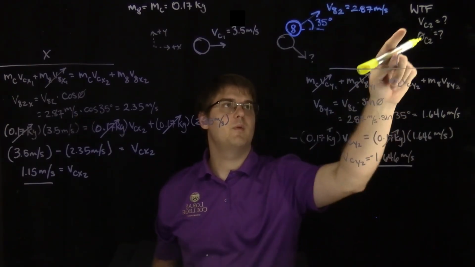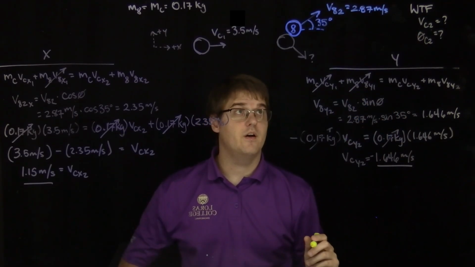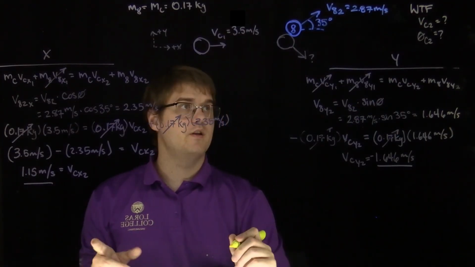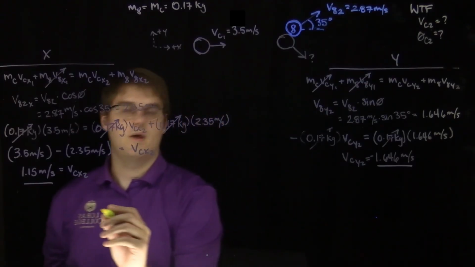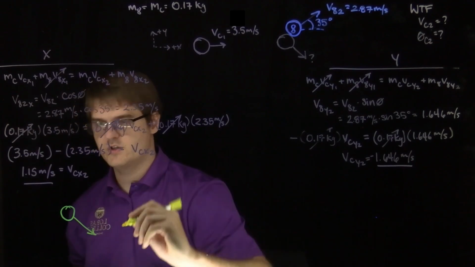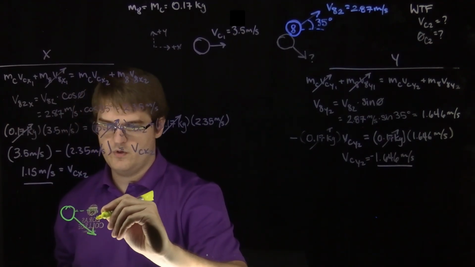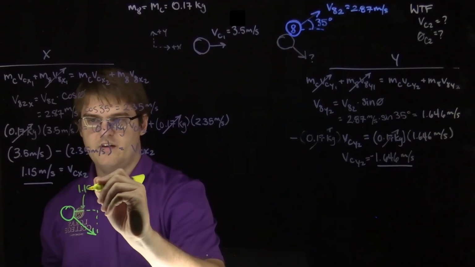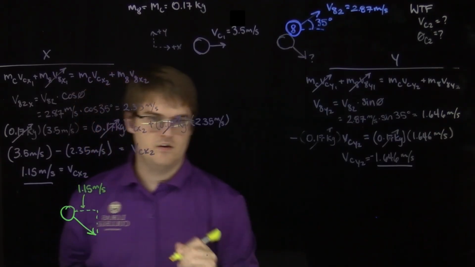And I want to find the velocity of the cue ball at time 2, total velocity. So what's happening here is my cue ball is moving in this direction. And I know that the x component of that direction right here is 1.15 meters per second.